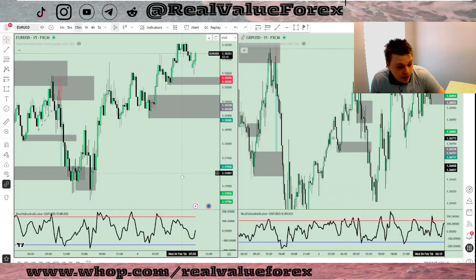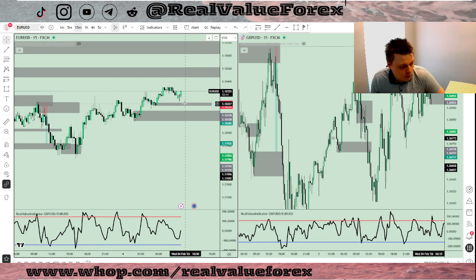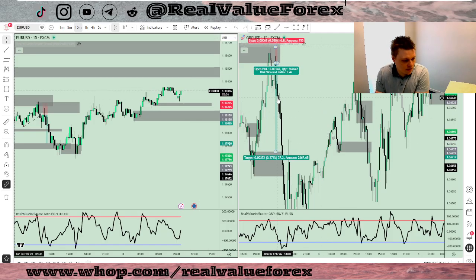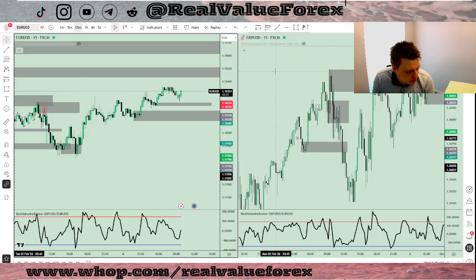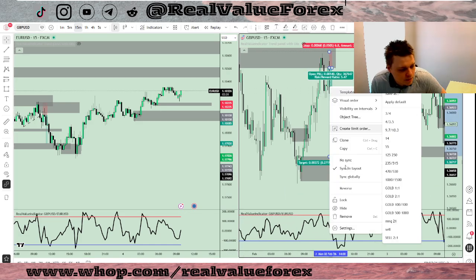But for example, today we have a really clean way to go from here to here. So let's see how it will play out and why I have this in here. We didn't have any trades on Monday. That was probably some provisional trade.